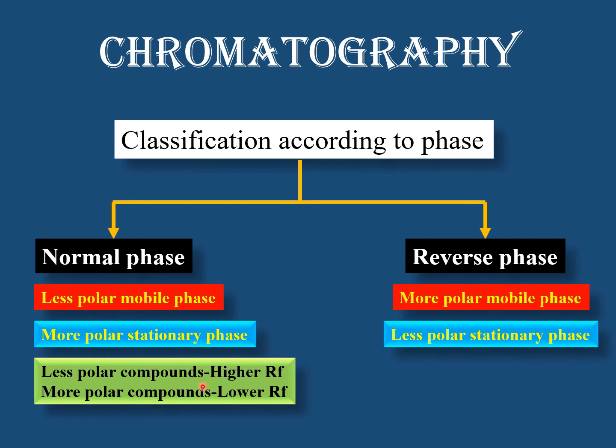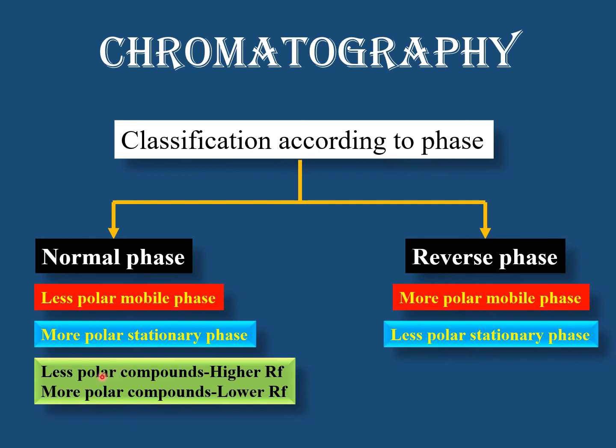Now, when we carry out a normal phase or reverse phase chromatography, what results can we expect? So, in a normal phase chromatography, as you know, we have a less polar mobile phase and a more polar stationary phase. So that means that the less polar compounds or components would be happy to travel with the mobile phase because that is less polar. And the more polar components would be happy to stay with the stationary phase because of higher affinity with the polar stationary phase.